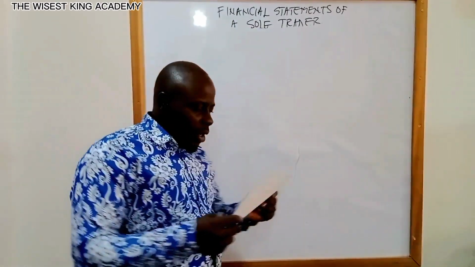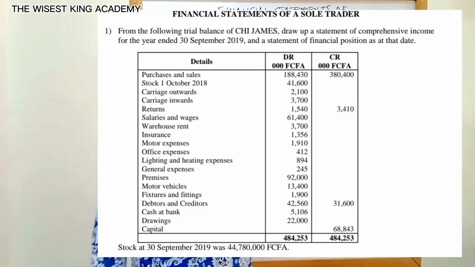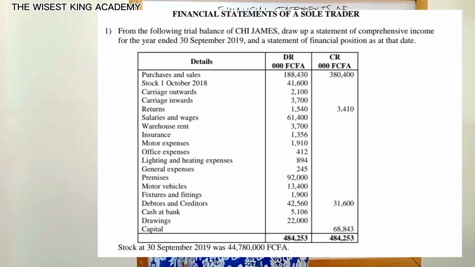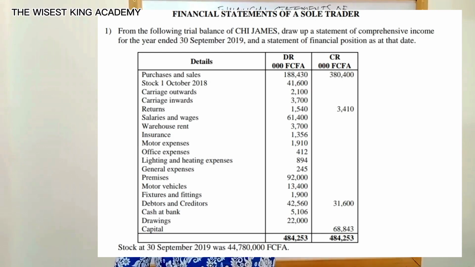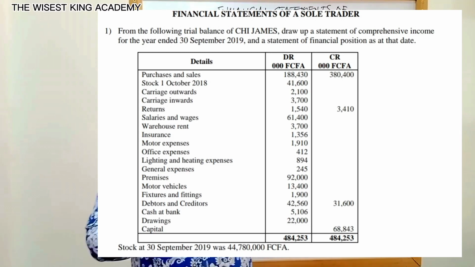The first question: from the following trial balance of Chi James, draw up a statement of comprehensive income for the year ended 30th September 2019 and a statement of financial position as at that date.